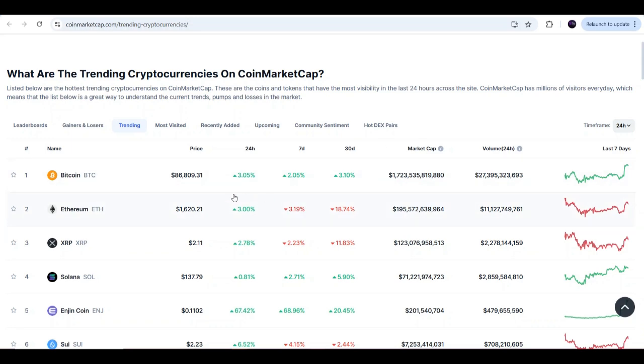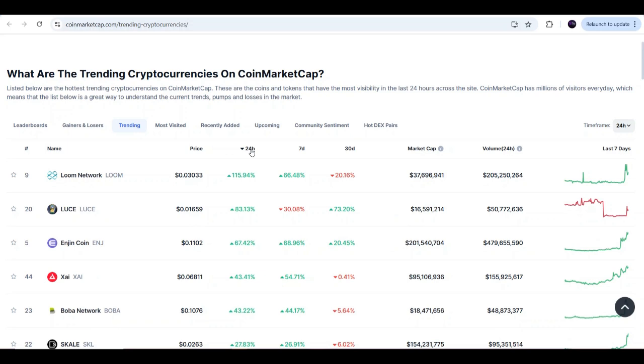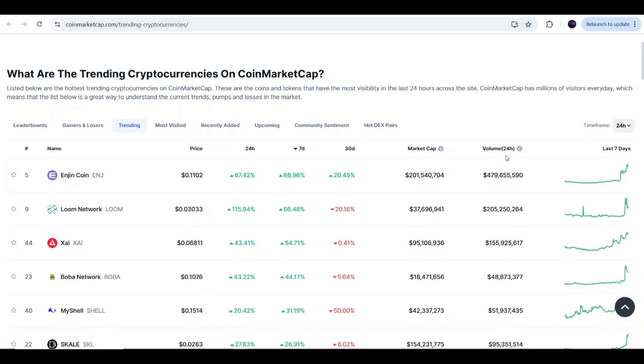You see all the details in 24 hours, which one was more trending. You can sort it by clicking on it to show you the best and least trending. Here, on the right, you can also change the time frame to 7 days or 30 days.